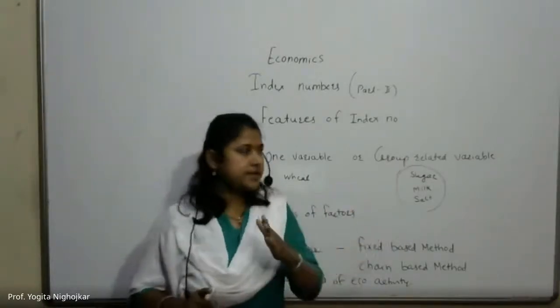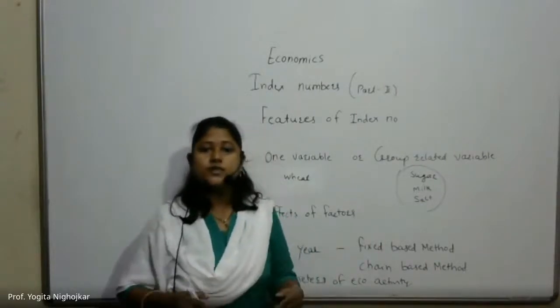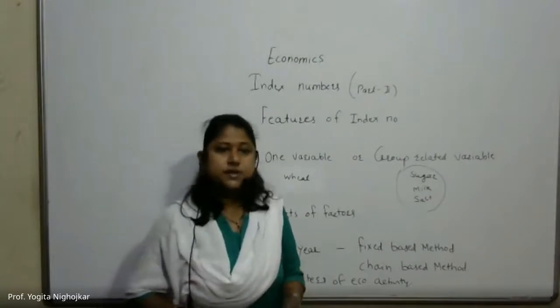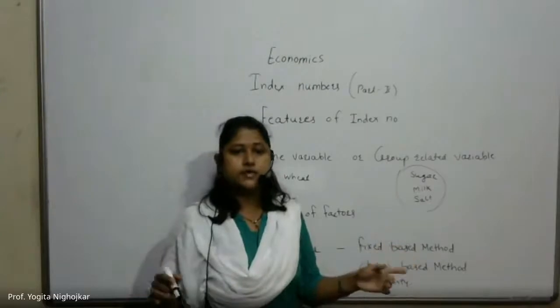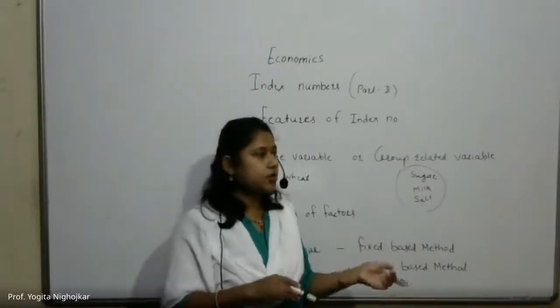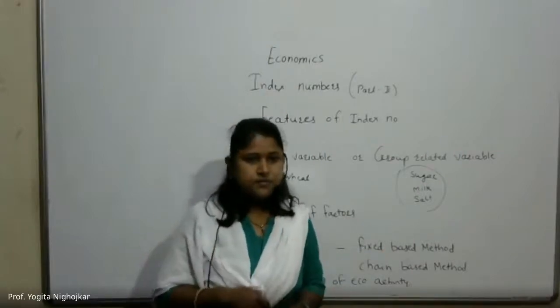What is price index number? It measures the relative changes of prices of the products or commodities between any two time periods. It helps to interpret the variations of economic and business conditions over a period of time.